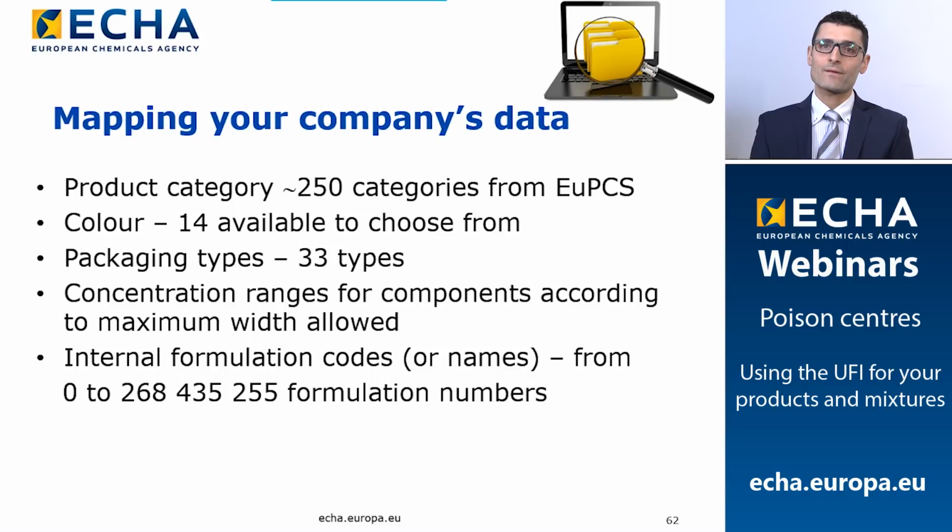Once you have determined the right approach, you will need to further assess other elements of information that will most likely require some mapping. For example, you will need to assign and possibly map product category, a color, a packaging type and size according to the values available for selection in the harmonized format. You have also seen in the earlier presentation that the components concentration ranges are strictly defined, and you may need to align with them in case you do it differently today.